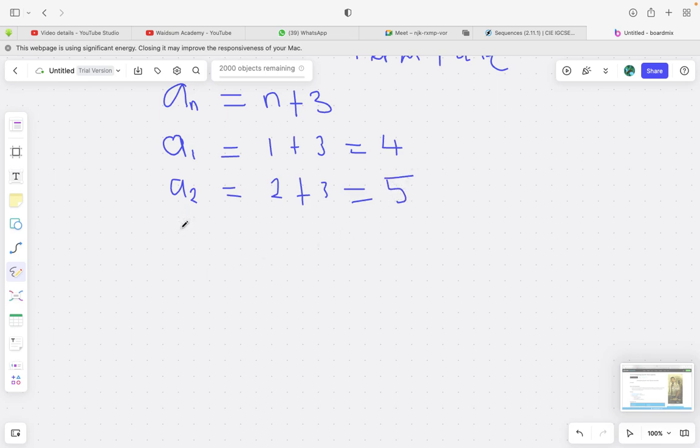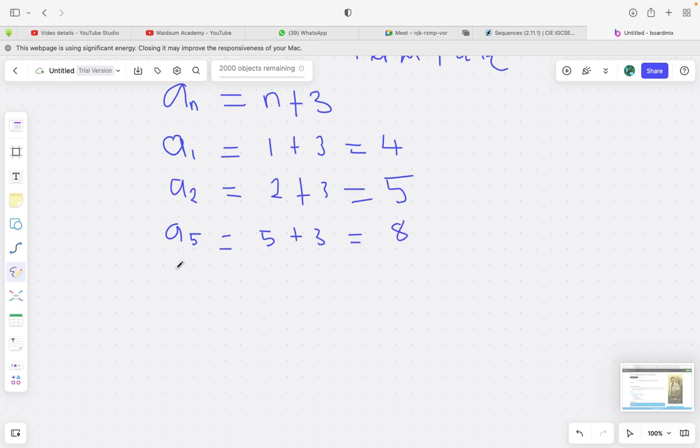Since this sequence is working for us, let's jump now to the fifth term. If you want the fifth term, you say 5 plus 3, that will give us 8, right?